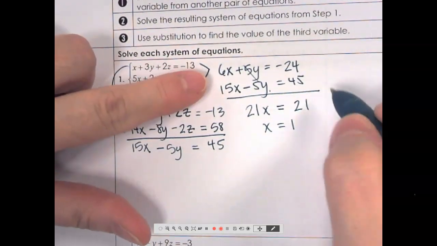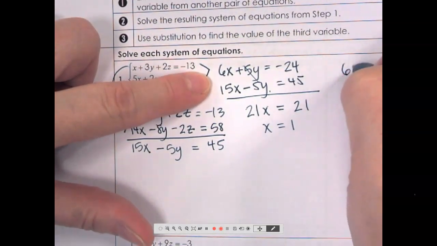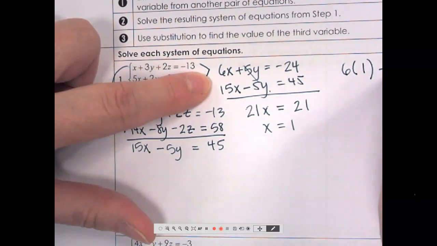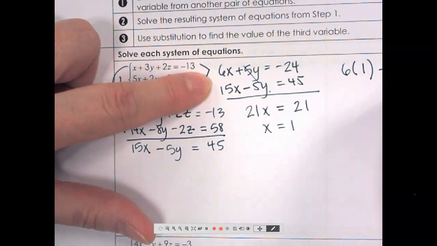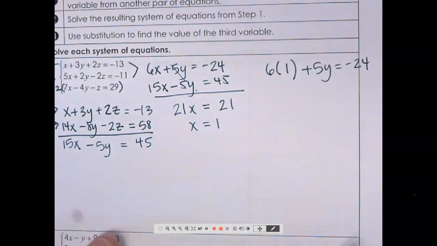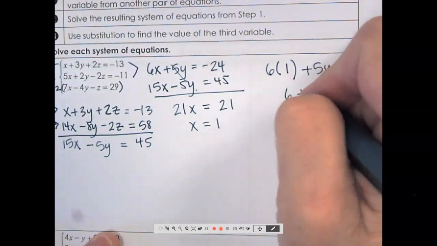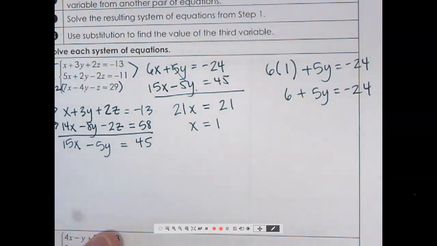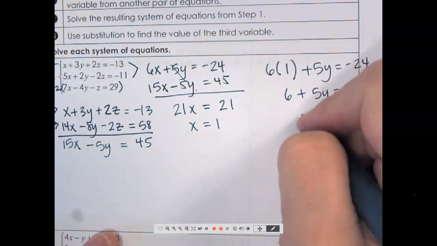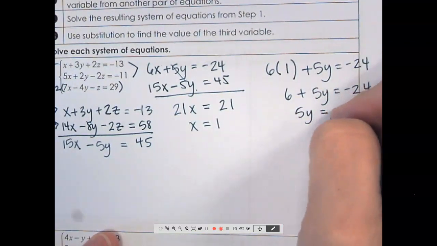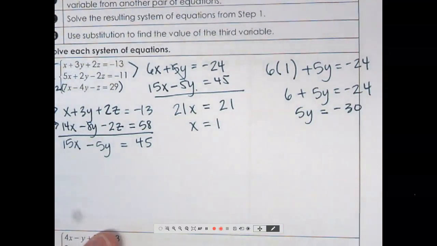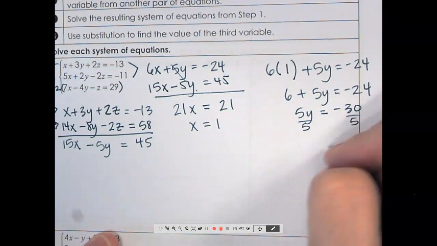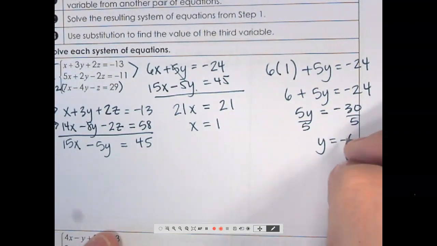Alright, so taking this top equation, I have 6 times x plus 5y equals negative 24. 6 plus 5y equals negative 24. Subtract 6. 5y is negative 30. Divide by 5. Y is negative 6.